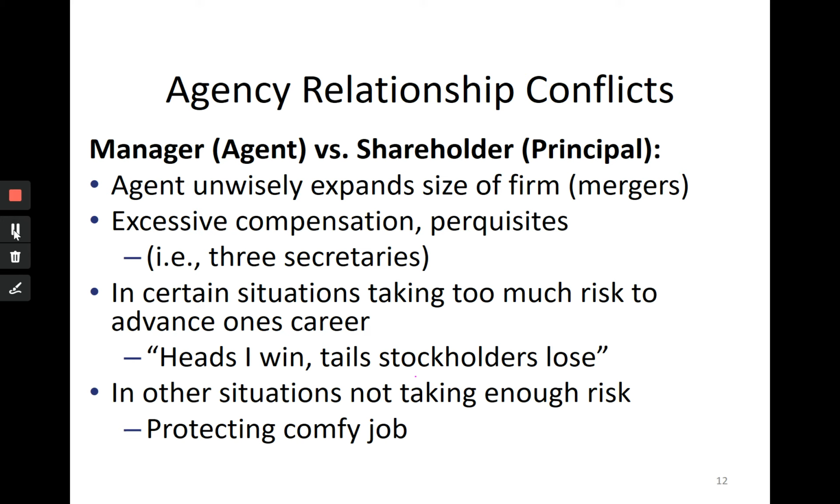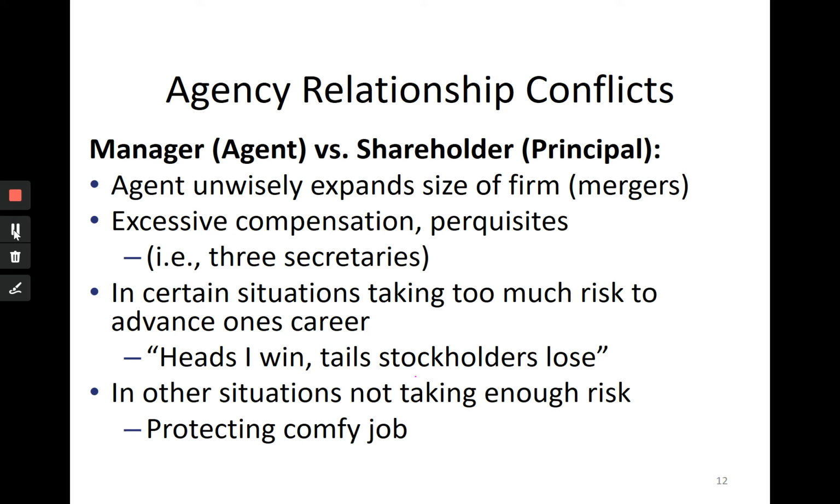For example, having three different secretaries when one is quite enough, but the manager feels more prestigious. Having offices in a very ritzy area of New York or Munich, when in a small village where the corporate headquarters are, rent is much cheaper and offices can be there, but it's not prestigious enough and doesn't afford the lifestyle that the chief executive officer may be seeking.